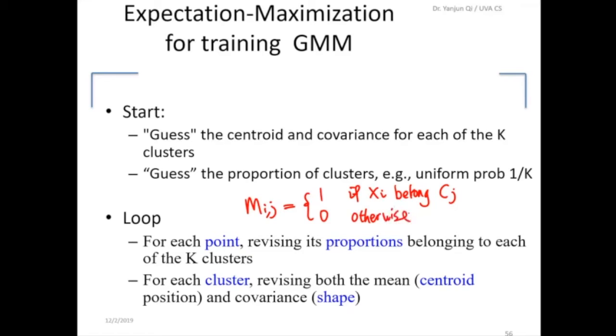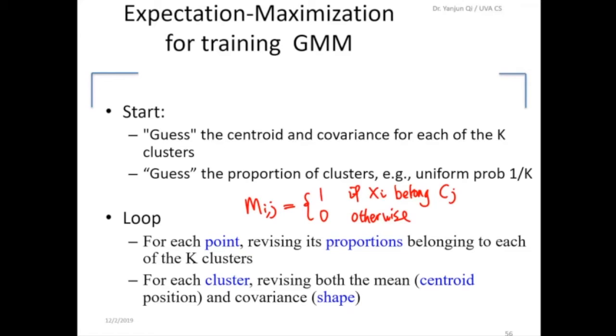However, in the Gaussian mixture model, this m_ij is not a binary variable anymore. It becomes a proportion. It measures what proportion of the data point belongs to the first cluster, the second cluster, until the k-th cluster. This is called a soft assignment.